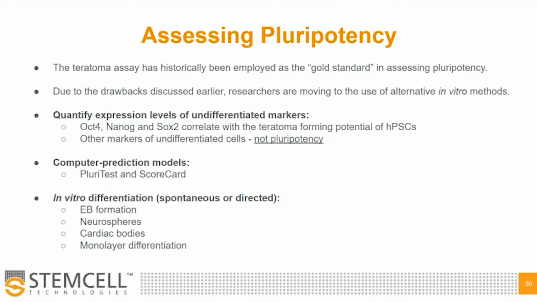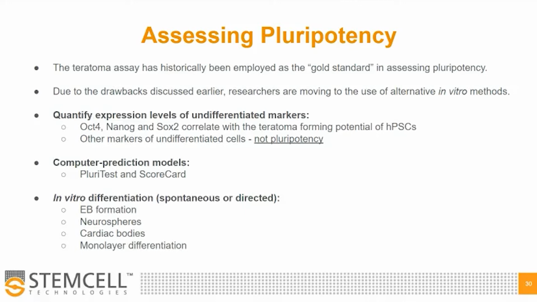Some researchers choose to use computer prediction models such as PluriTest or Thermo Scorecard. PluriTest is a bioinformatics assay in which the transcriptome of a test cell line is compared to the transcriptome of a large number of cell lines known to be pluripotent. Thermo Scorecard uses a panel of 96 genes that identify the differentiation capacity of a given cell line more quantitatively than the teratoma assay.